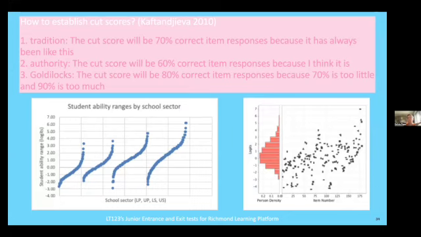And then authority: the cut score will be 60% correct items because I think it should be. So that would be based on authority, but again, not on empirical judgment. Kostantieva also added the Goldilocks method, and she said that the cut score will be 80% correct items because 70% is too little and 90 is too much.